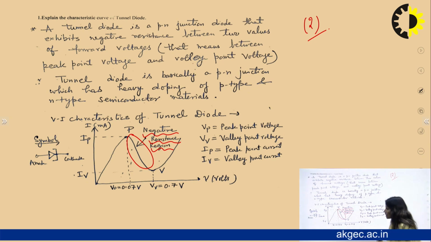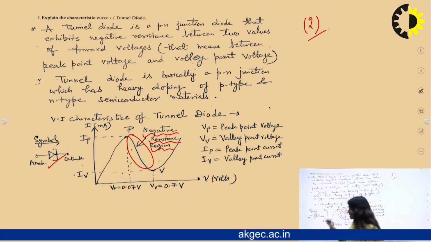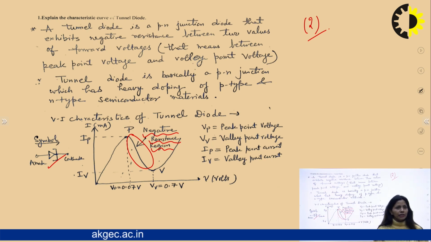If you remember, then you can also draw the symbol of the tunnel diode, to make the examiner sure that you are coming for the examination with good knowledge, right?